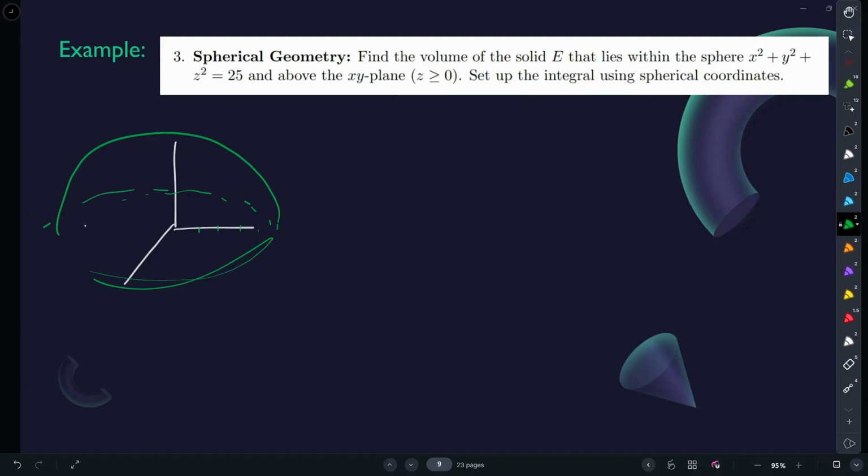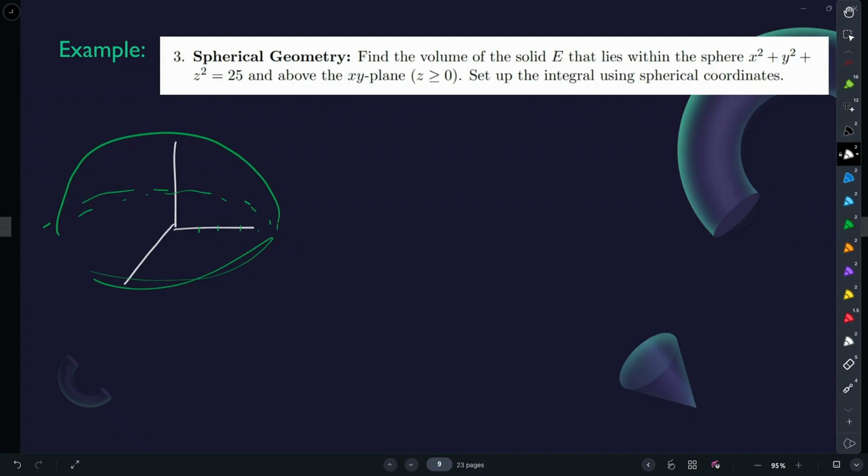Like that, more or less. And above the xy plane, so this is just half a sphere. I don't need triple integrals for this, but they just want me to set up the actual integral.